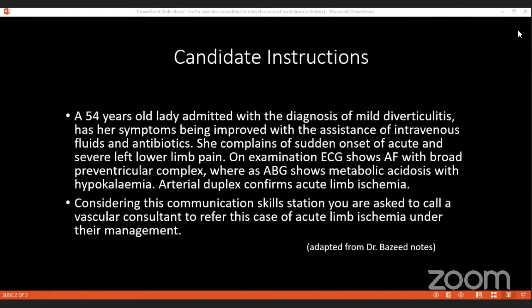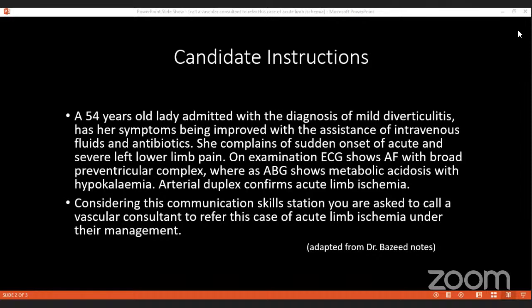If there is a possibility of mesenteric embolus, what other images would you ask for to rule that out? Arterial duplex, CT angiography, and arterial duplex as well.